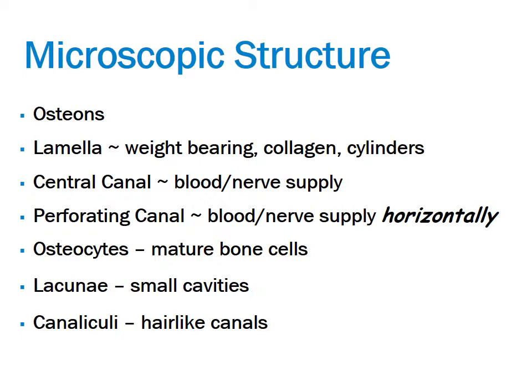Perforating canals, blood and nerve supply that are horizontal. Osteocytes, the mature bone cells that maintain the matrix. Lacunae, small cavities that house osteocytes. Canaliculi, hair-like canals that allow osteocytes to share cytoplasm.